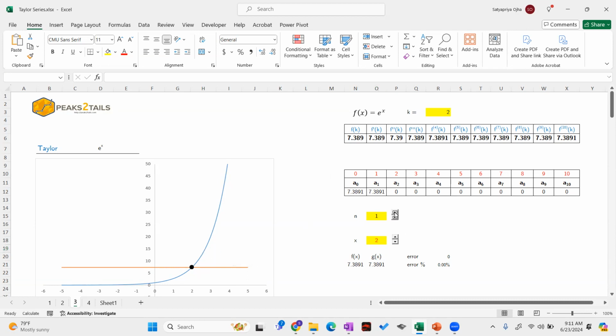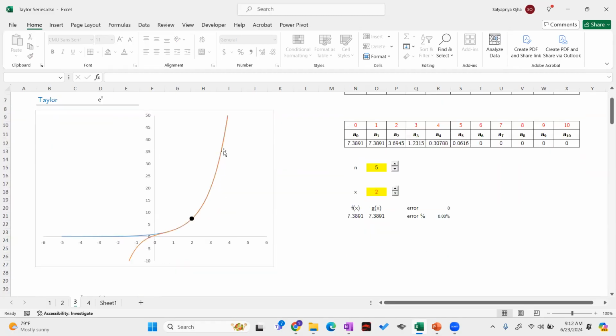So let me include more terms. You can see the linear term is again the tangent, but at x equal to 2, it's a new point. If you do quadratic, it looks like this, and the approximation keeps getting better. So it tries to adapt to the shape of the curve at that point, whatever you have chosen.